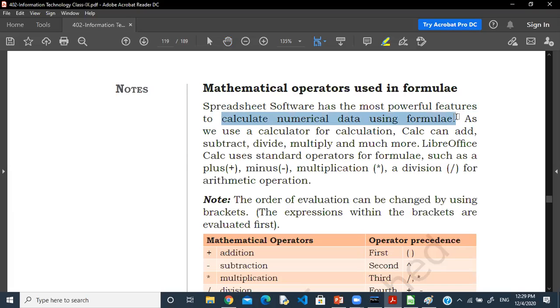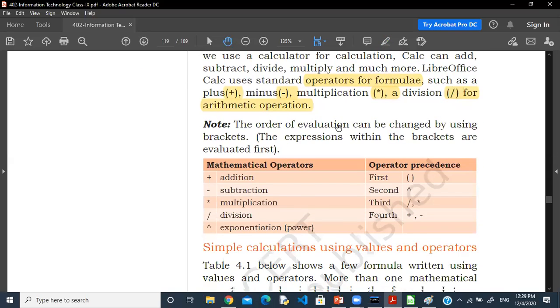It uses formulas, and if we want to use formulas, we require operators. There is a rich set of operators, and they are categorized on the basis of their operation. The very simple and basic ones are known as arithmetic operators: plus, minus, multiplication, and divide. These are the basic mathematical operators which we use.